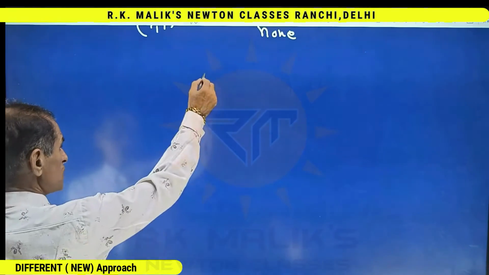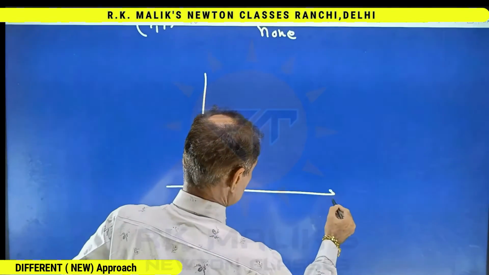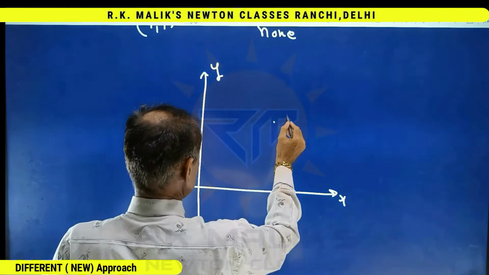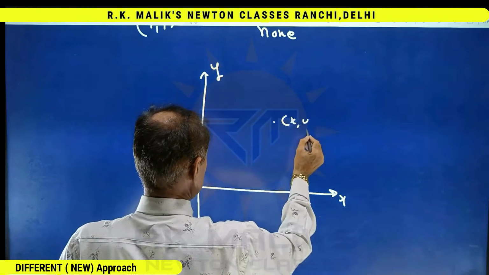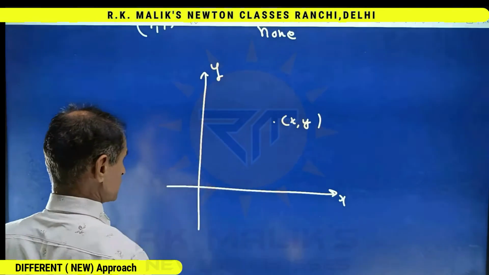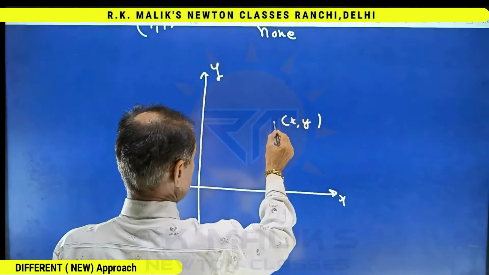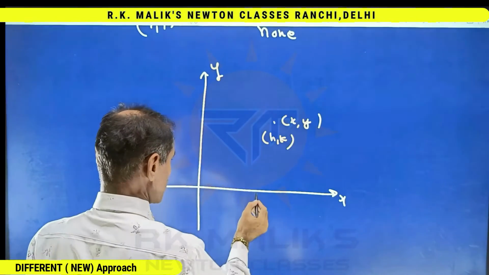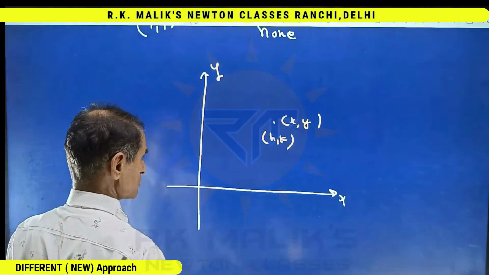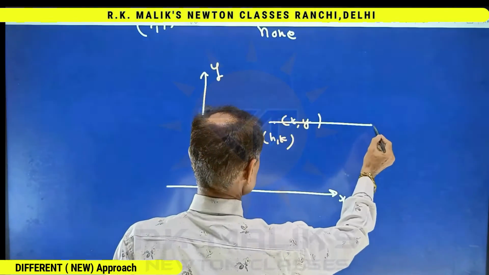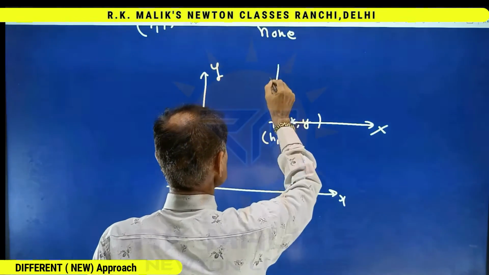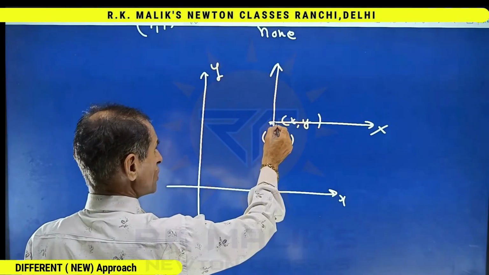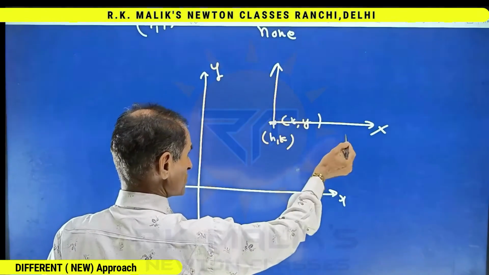That is, the concept is: if this is the x-axis, y-axis, this is the point (x, y) according to the old x-axis, y-axis, and this is the point (h, k) with respect to the old x-axis and y-axis. Now I draw the new x-axis, new y-axis, and this is now the origin according to these axes.